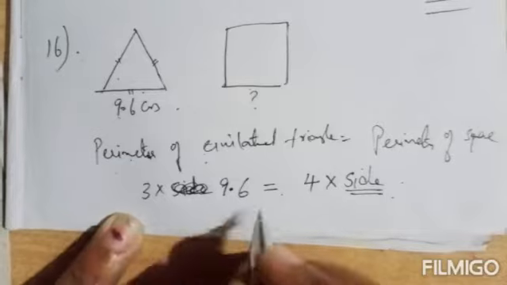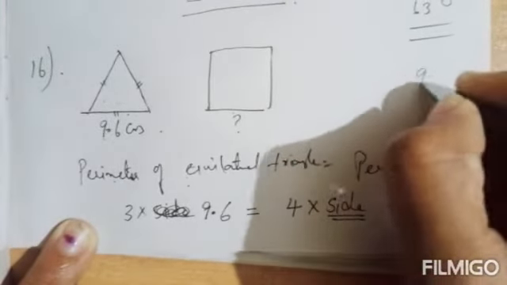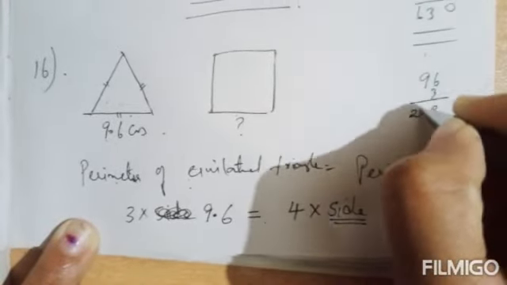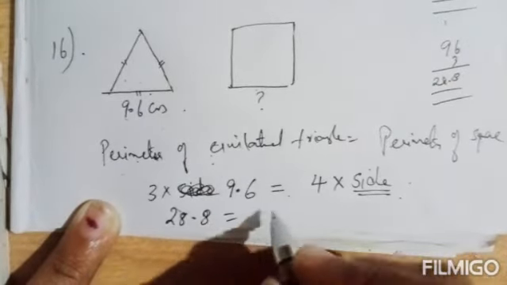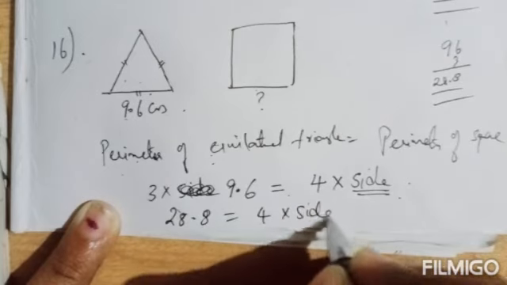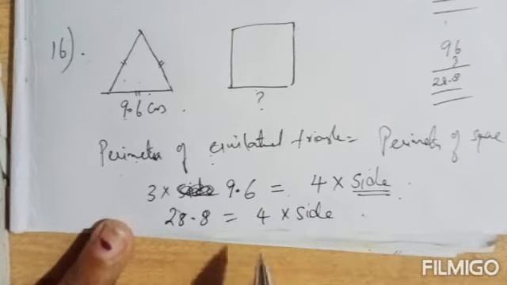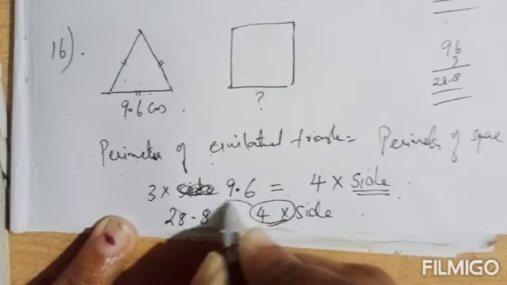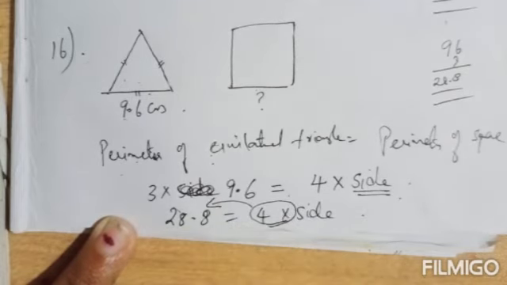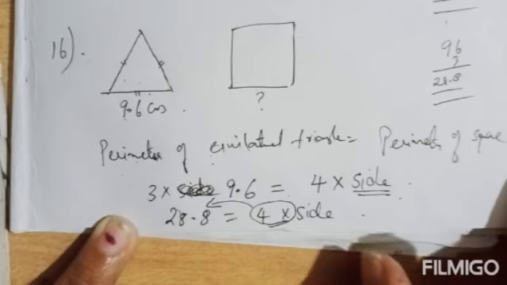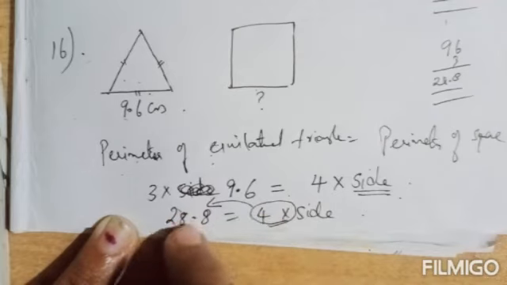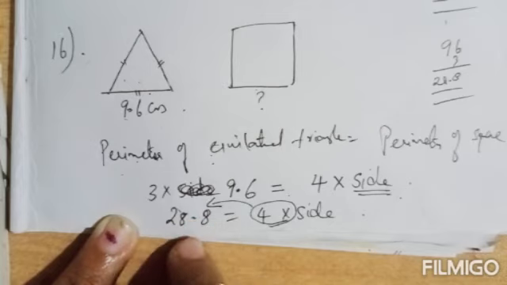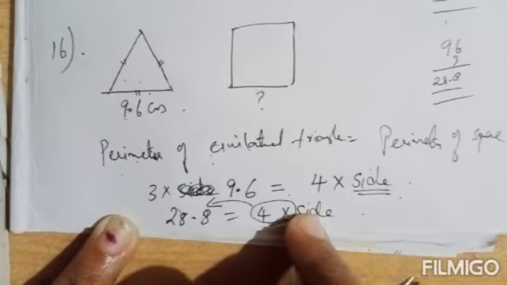Now 3 into 9.6, what will you get? 96 into 3, it is 28.8, equal to 4 into side. Now how can we find the side? Using algebra, this multiplication 4 on taking to this side will be divided by 4. So side equals 28.8 divided by 4.